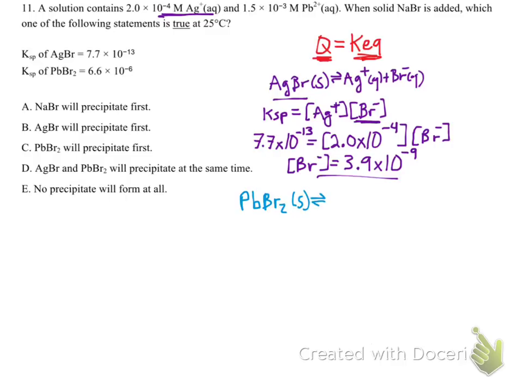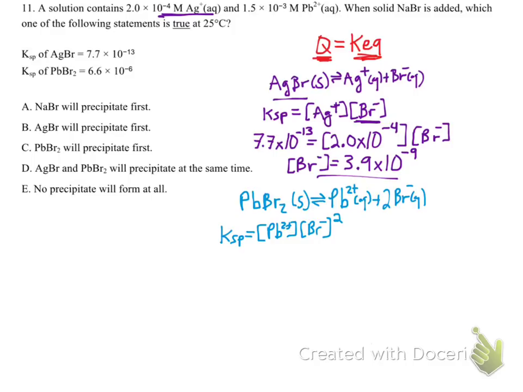So it would turn into lead 2 plus, aqueous, and 2 bromides, Br minus, also aqueous. So that means that KSP is equal to the lead 2 plus times Br minus squared.